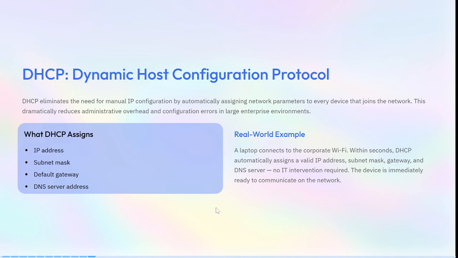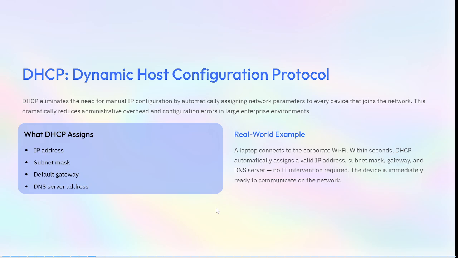Here also we will take the example of 5,000 employees in a company. In that, there will be 5,000 machines. To function, each system needs an IP address, right?